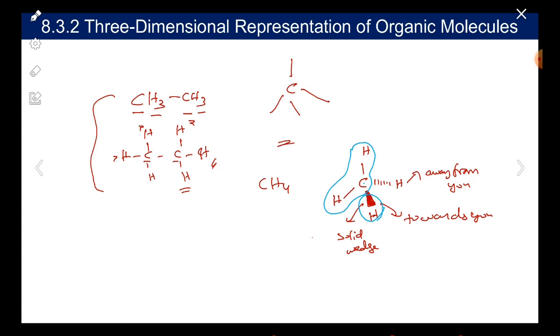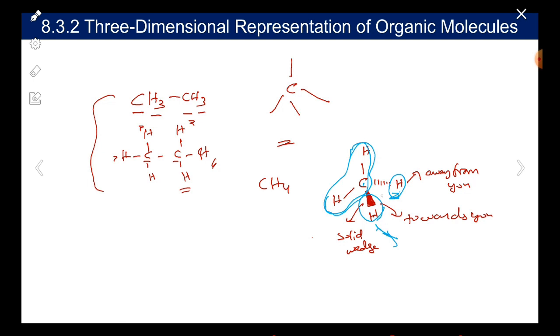That's how exactly this hydrogen exists, perpendicular to this plane. And this hydrogen exists exactly opposite to this hydrogen.